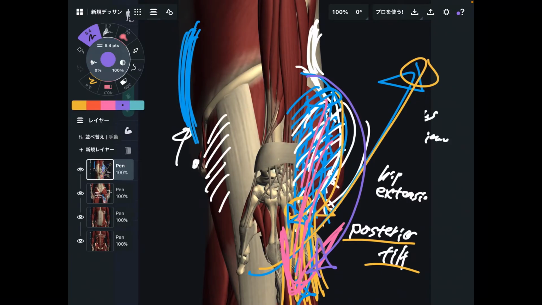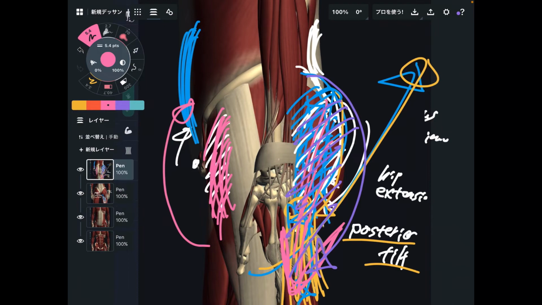Hip extensors are also hip posterior tilt muscles. I have to say that again. Hip extensor is also for hip posterior tilt muscles. This is very important to know. On the other hand, how about anterior tilt muscles? They are same time hip flexors.